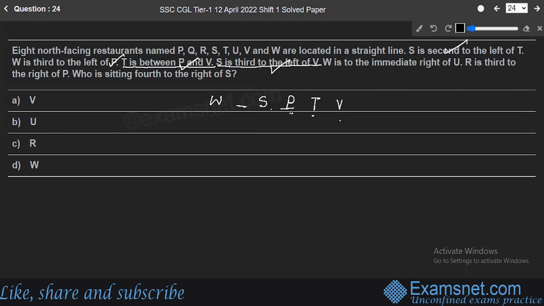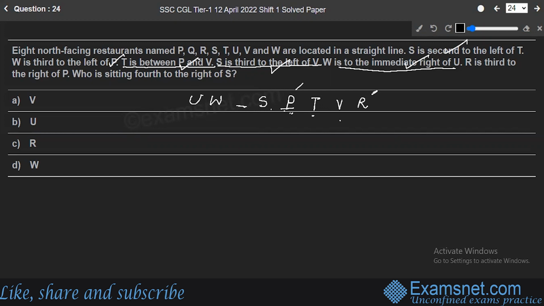The next one is W is immediate right of U. That means U is here. Correct? We are done with this one also. R is third to the right of P. So this is P and this is the third position, which is occupied by R. Correct.